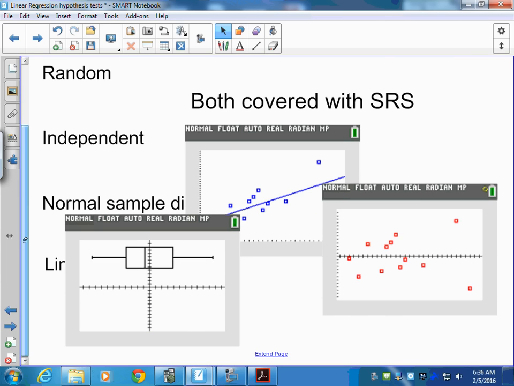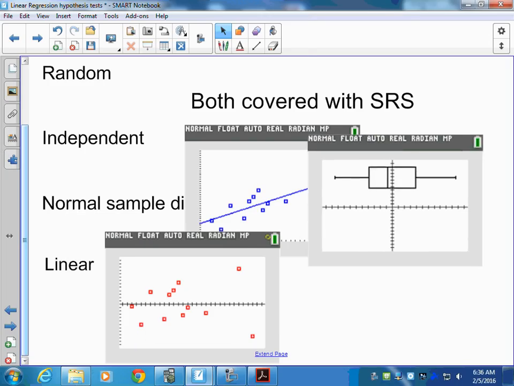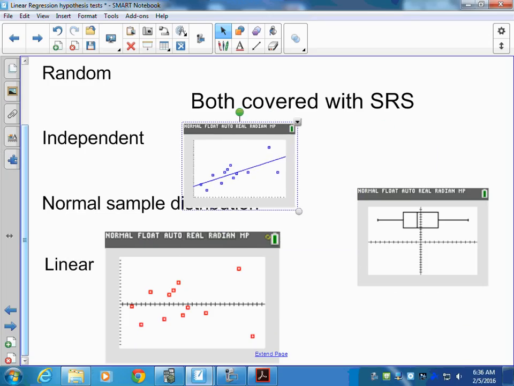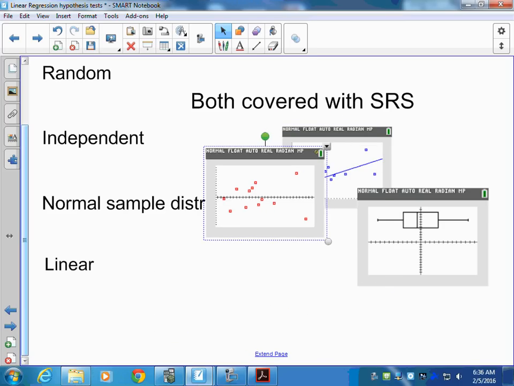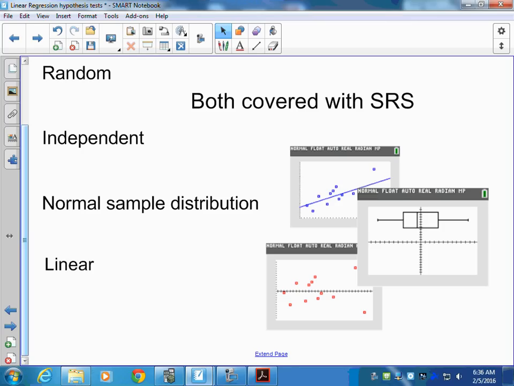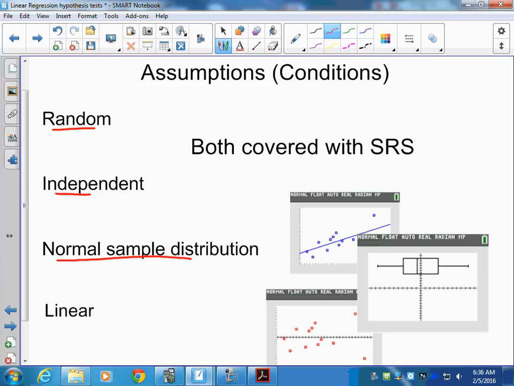Okay, assumptions. We've got our basic assumptions again, and we're looking back at our graphs. This one is a little more tedious in some ways because of the number of graphs you need overall. When we're looking at our assumptions, we've got our three normal assumptions that we've had in every situation: random, independent, and normal sampling distribution.